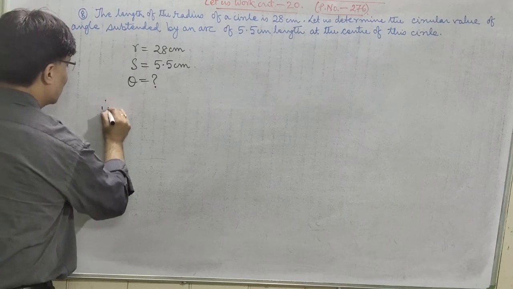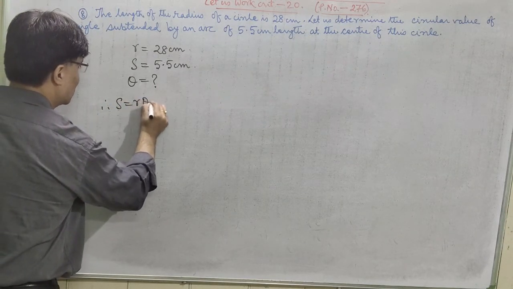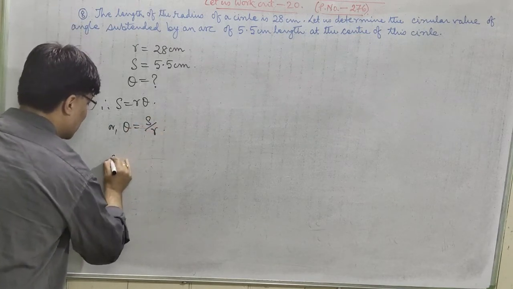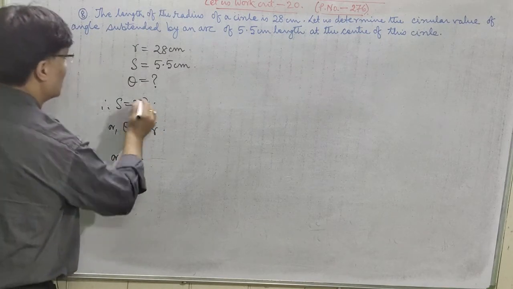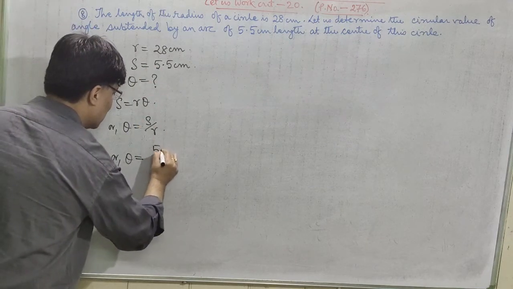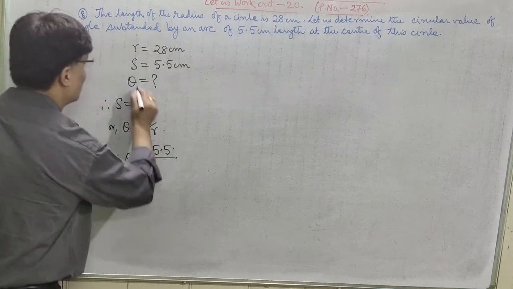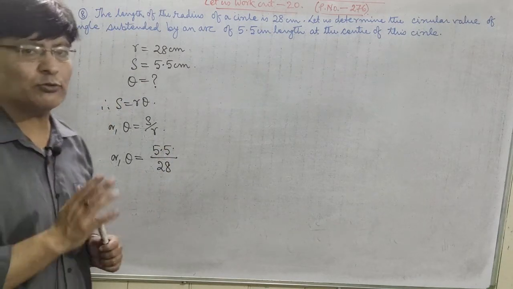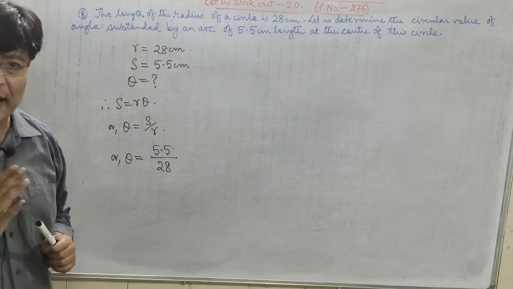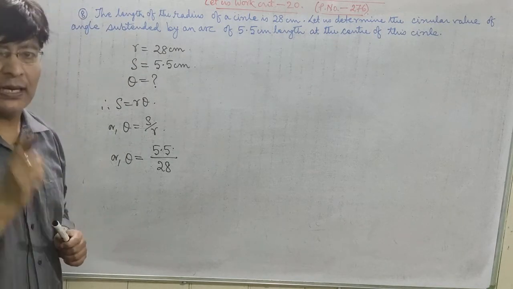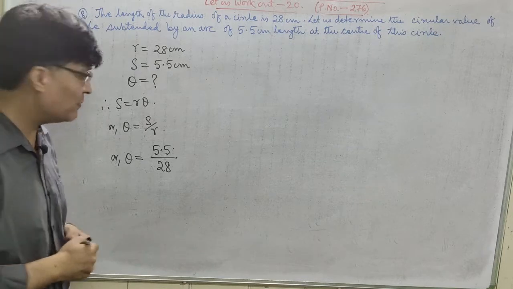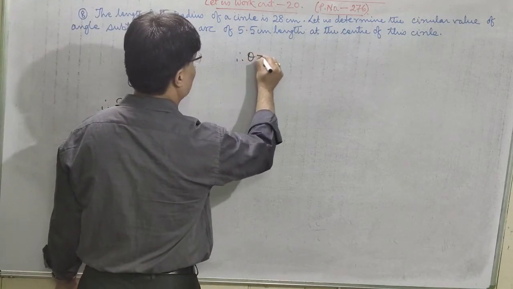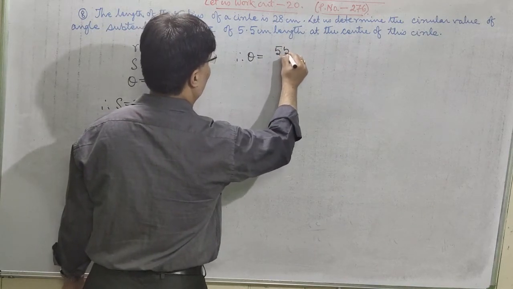So we know that S is equal to R theta, or theta is equal to S upon R. What is the value for S in this case? It is 5.5 divided by the radius, which is 28. You have to write it in terms of pi radian. You know that pi is equal to 22 by 7, so that is in terms of radian. Therefore theta is equal to 5.5.